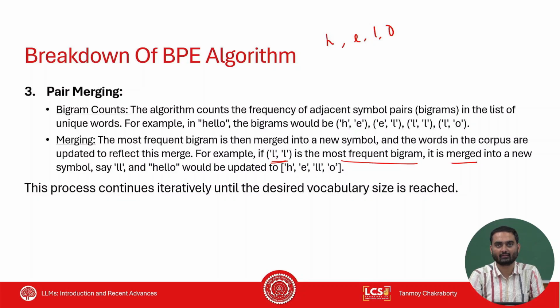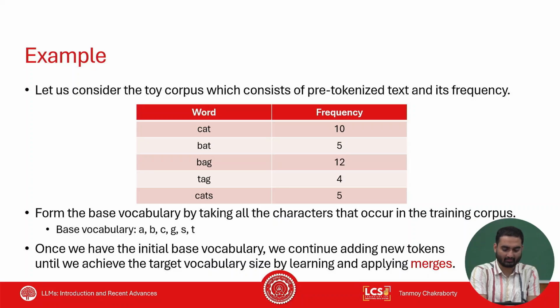We merge L and L, and that becomes a vocabulary entry now. So we keep on merging until a specific size of the vocabulary is reached. Let's say we predefine the vocabulary size to be 1000. We keep on merging bigrams, trigrams, 4-grams, and so on, and we stop when the specified size is achieved.